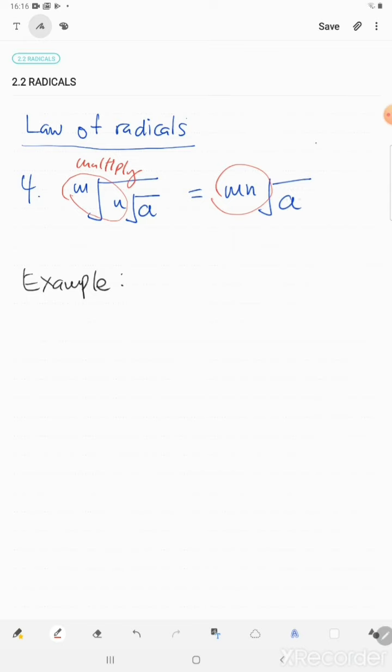I have one example here: the square root of the cube root of 64. We have two roots here, where the first root is 2. We multiply these two, and 2 multiplied by 3 becomes 6, so the 6th root of 64.